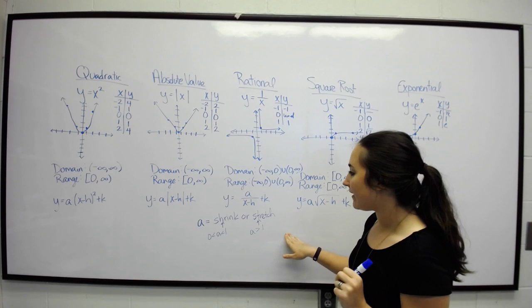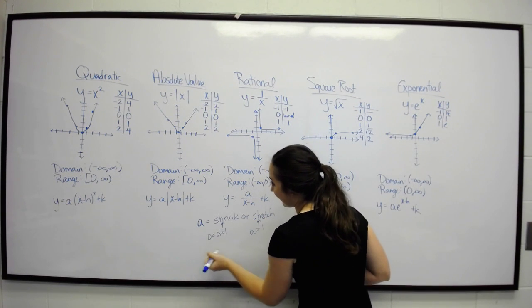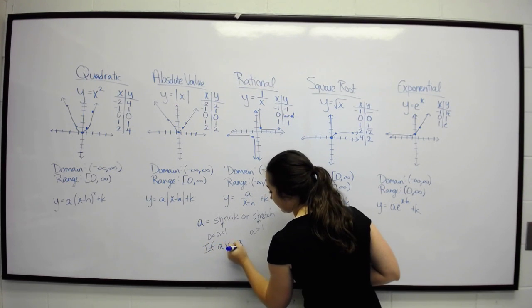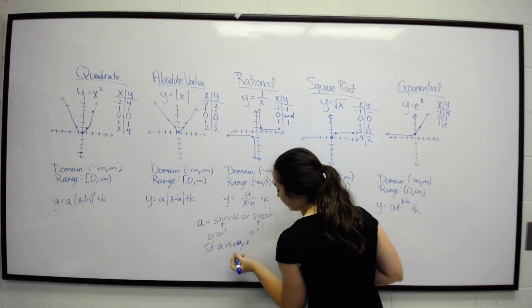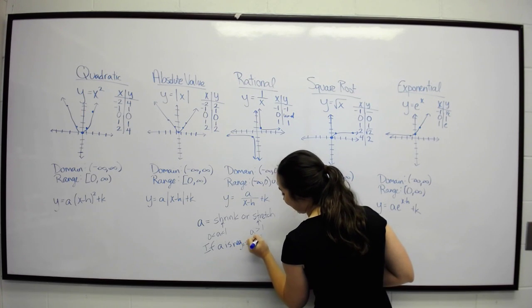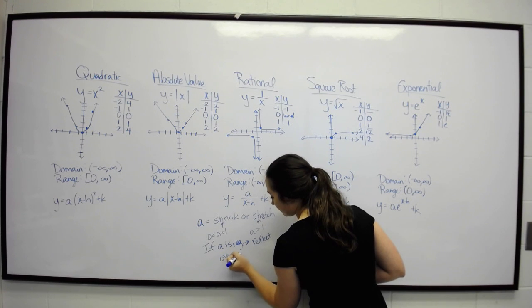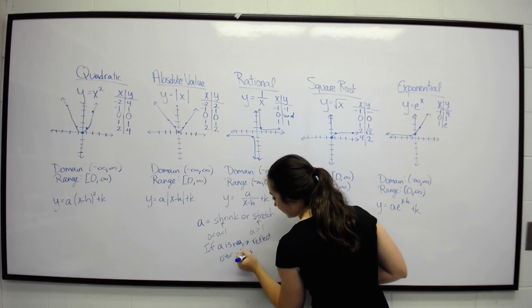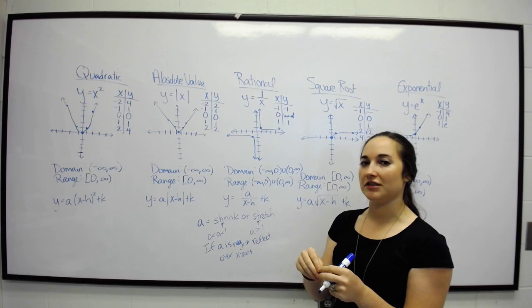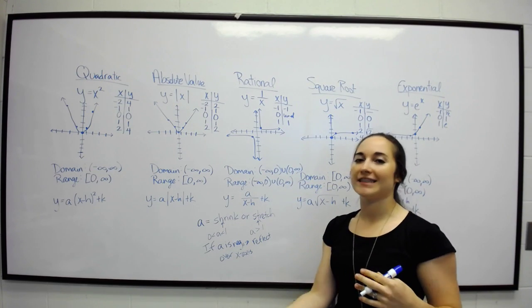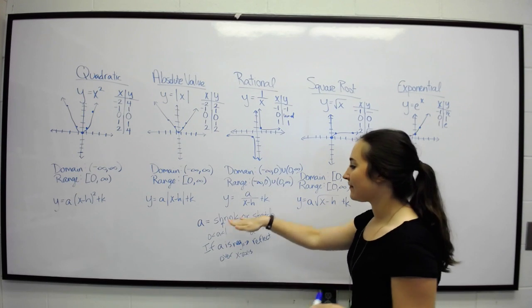Okay? If A is negative, we're going to reflect over the x-axis. Alright, so A does a lot of things. It'll either shrink or stretch the graph, or it could reflect it over the x-axis.